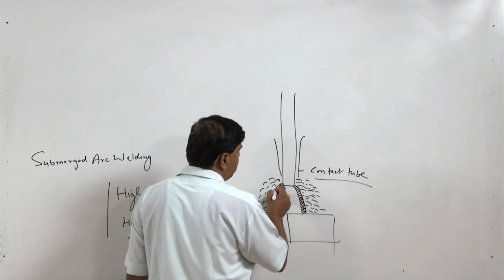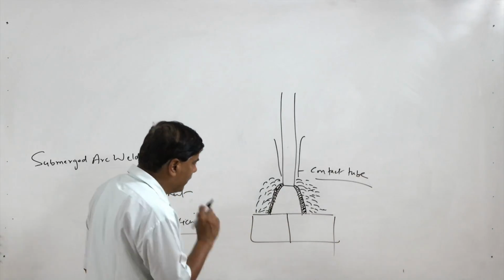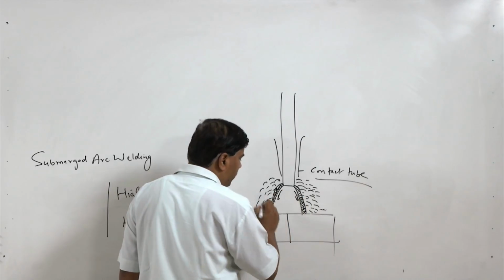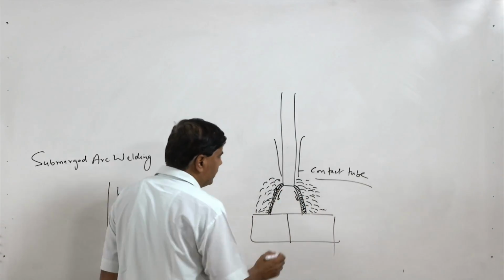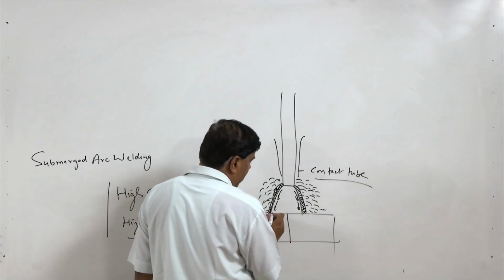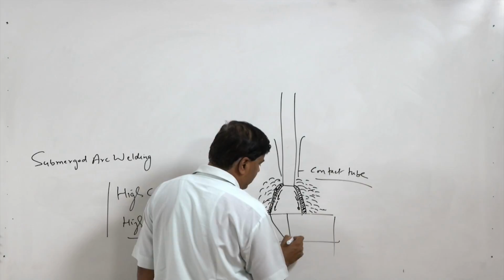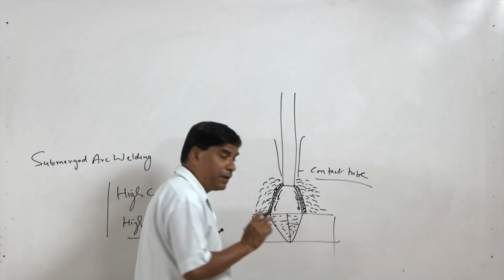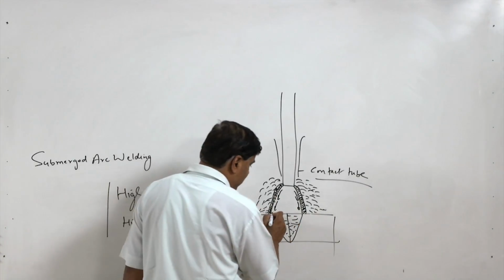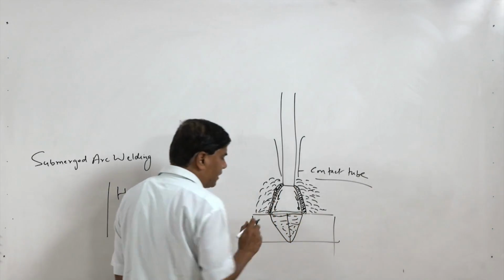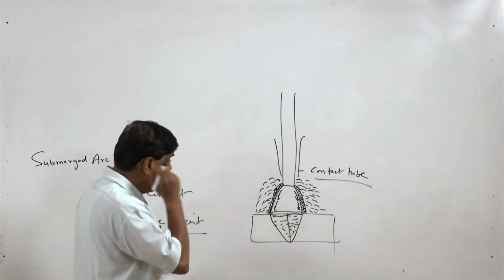This molten flux will continuously be flowing down. In this process the flux melts and mixes with the molten metal in the weld, wherein it reacts with the impurities to form slag. This slag starts floating over the surface of the molten metal.